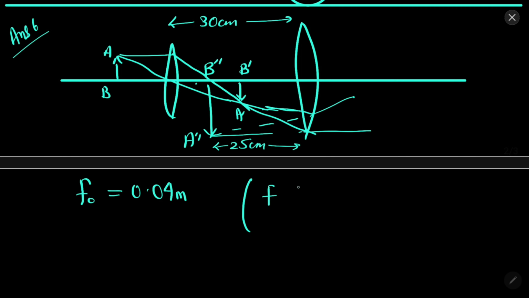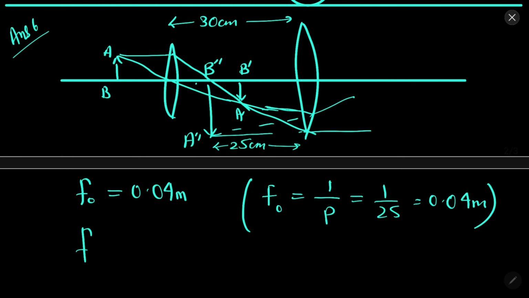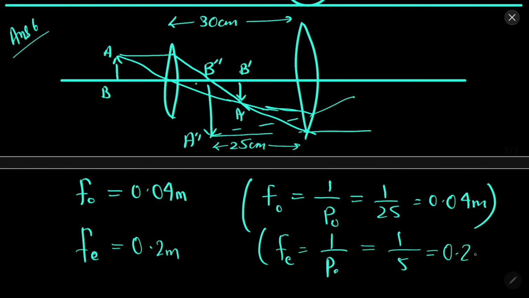Because we know that f is 1 over power, so its power is given as 25, so f is 1 over 25, which will give us 0.04 meters. Similarly the eyepiece lens will have focal length 0.2 meters by this formula: power of eyepiece is 5, so 1 over 5 will give us 0.2 meters.